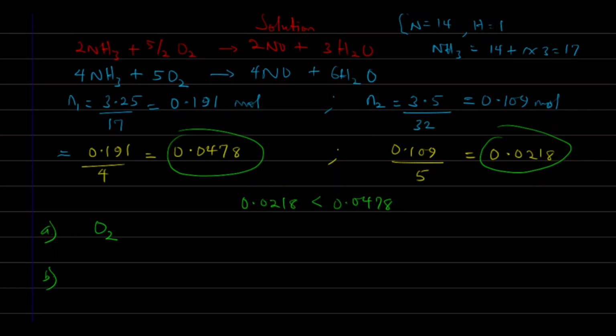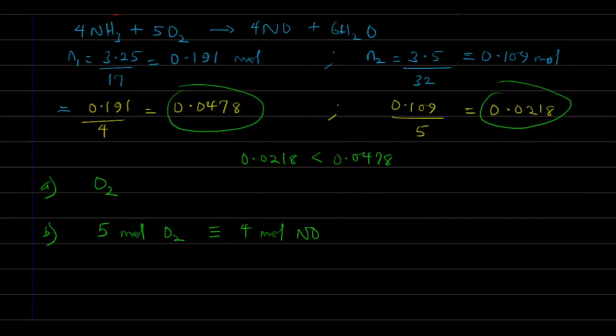Since oxygen is the limiting reagent, we are going to be using oxygen to calculate the parameters related to the B part, considering the balanced chemical reaction that says 5 moles of oxygen produce 4 moles of NO.